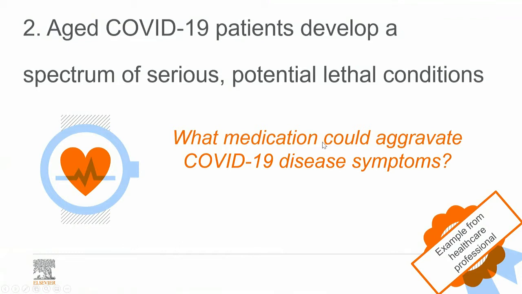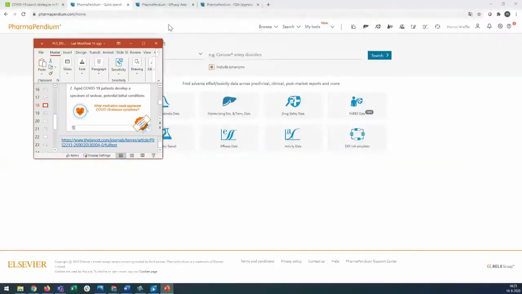So for example, if we're going to apply an antibiotic to treat a lung infection, we would like to avoid medication that maybe could further aggravate, let's say, breathing difficulties, which is a very common condition with COVID-19 patients. Now, this question is something that we can very nicely address using PharmaPendium FAERS data.